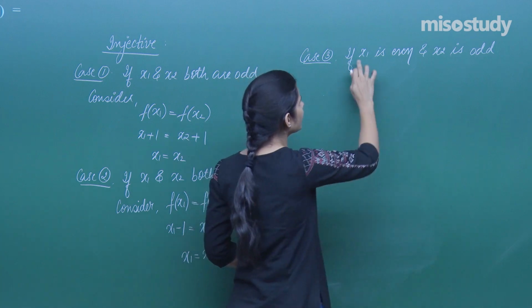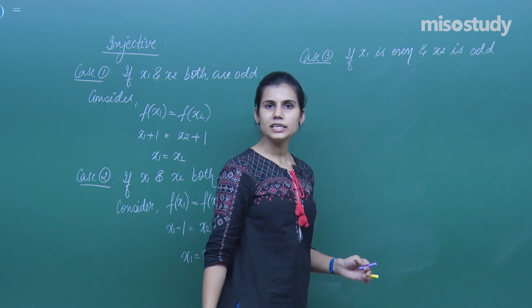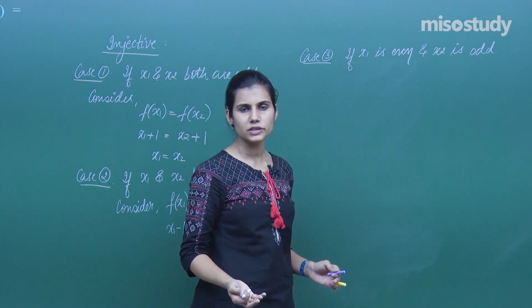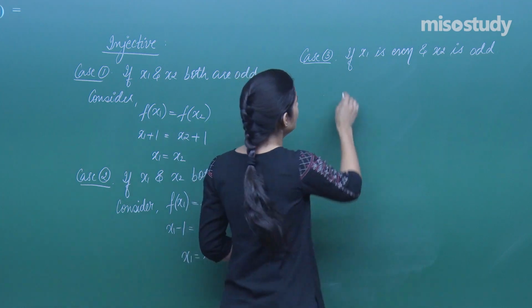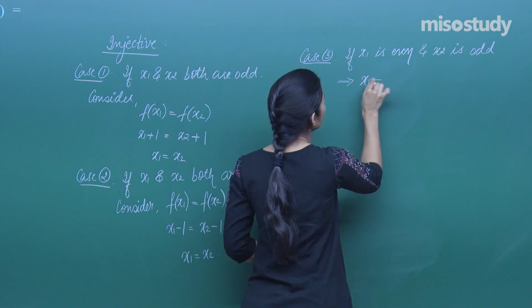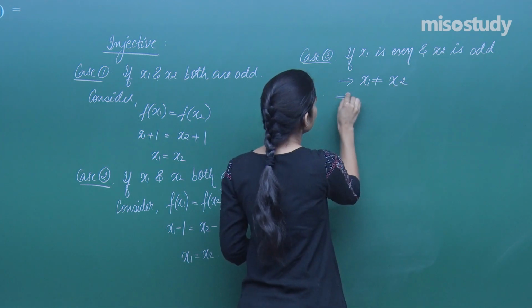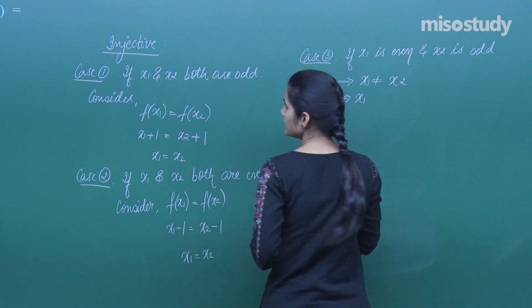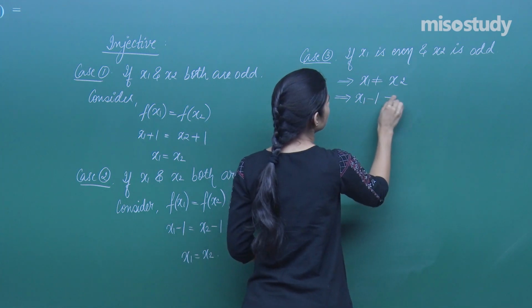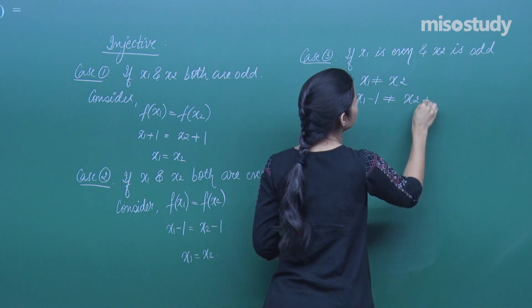Over here clearly you are getting x1 not equal to x2 because one is even, one is odd, so I need to adopt the contrapositive approach to establish 1, 1ness. This implies x1 is not equal to x2, which further implies x1 minus 1 is not equal to x2 plus 1.